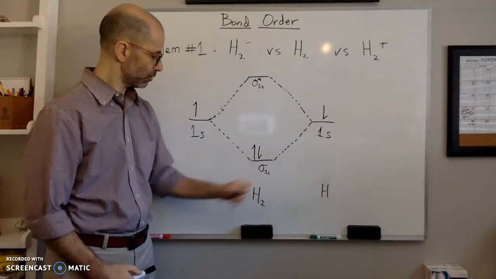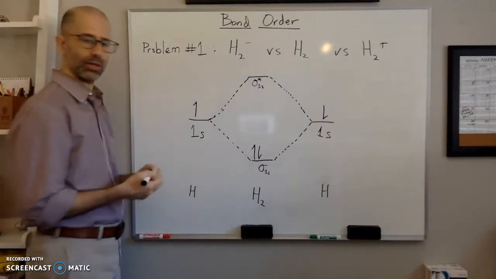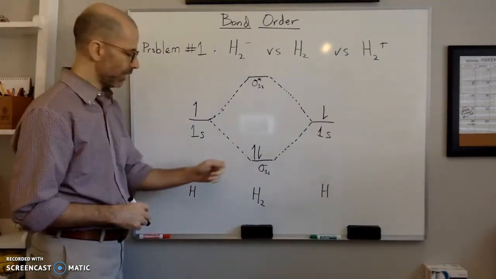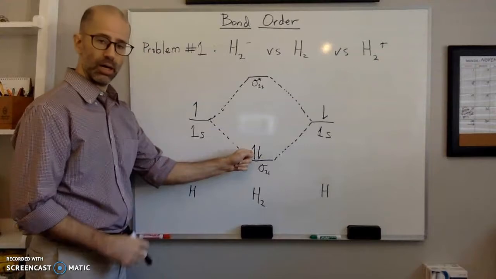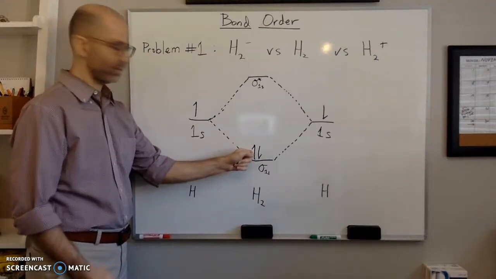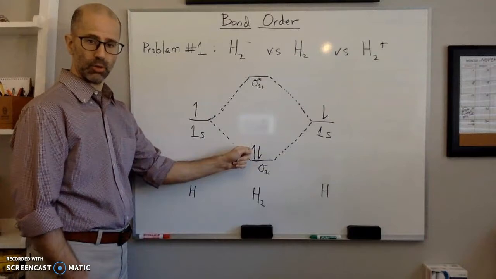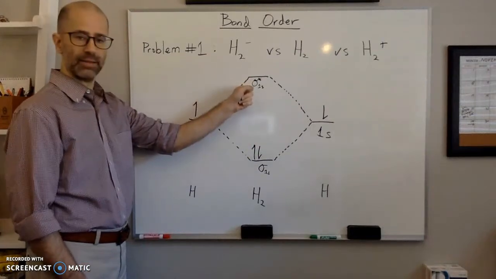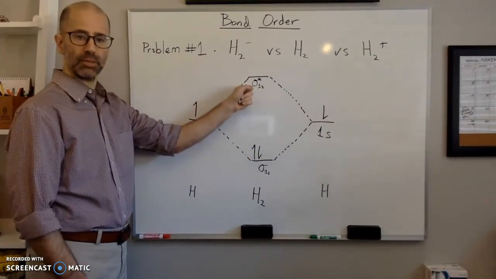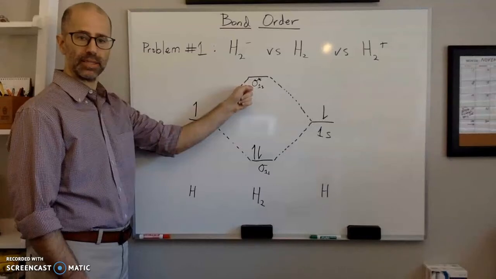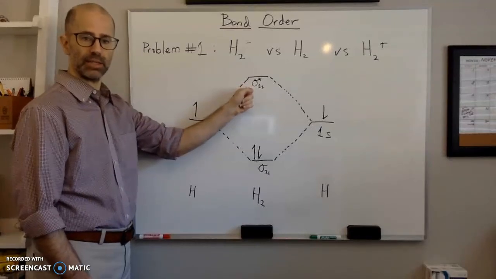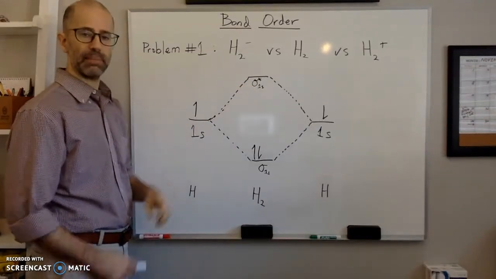We can figure out the bond order by adding the number of electrons in bonding molecular orbitals, and subtracting from that the number of electrons in anti-bonding orbitals, and then you divide by 2.